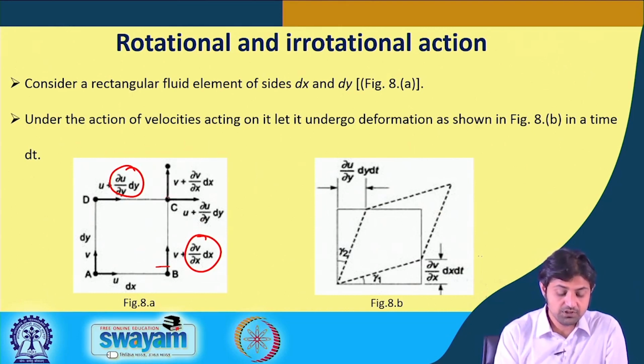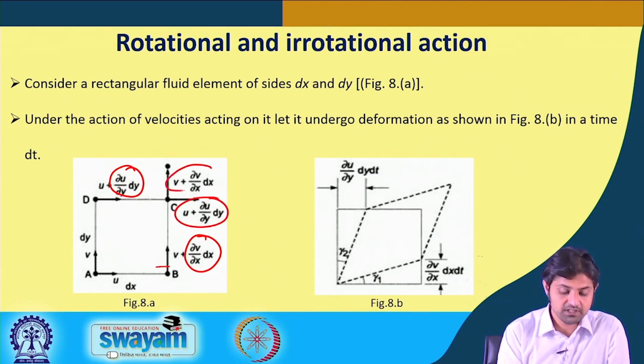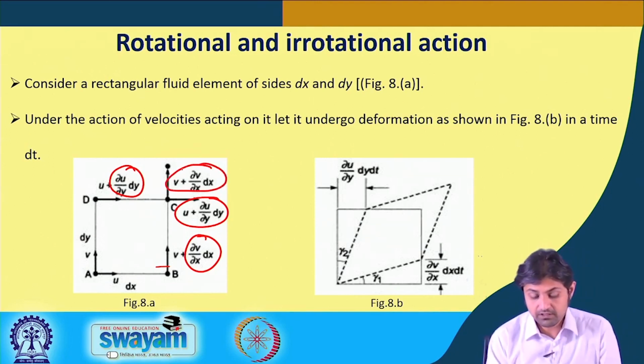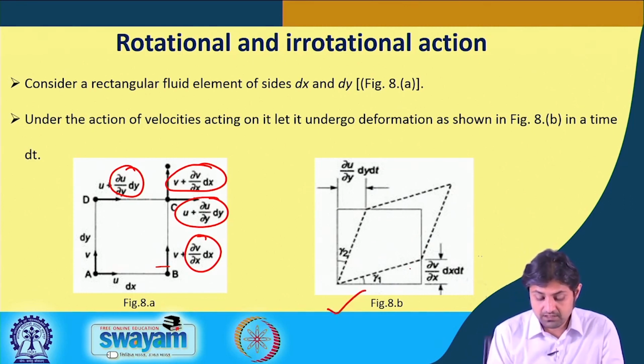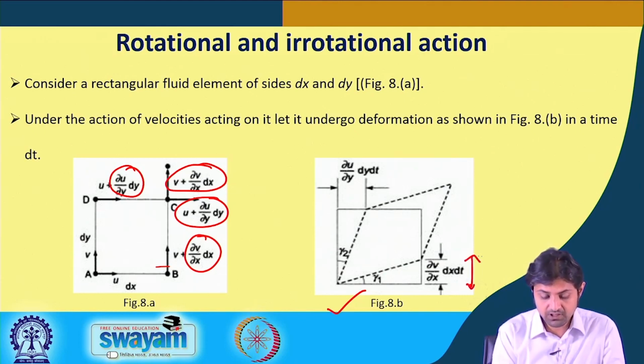Therefore, the corresponding u and v velocities here will be u plus del u by del y dy, and v plus del v by del x dx. This fluid particle will rotate as it appears in the figure, and this distance is going to be del v by del x dx into dt, if we are considering the rotation in time dt.